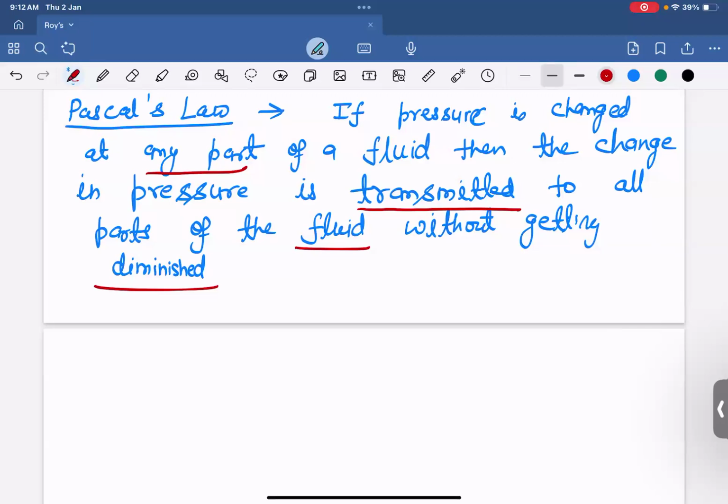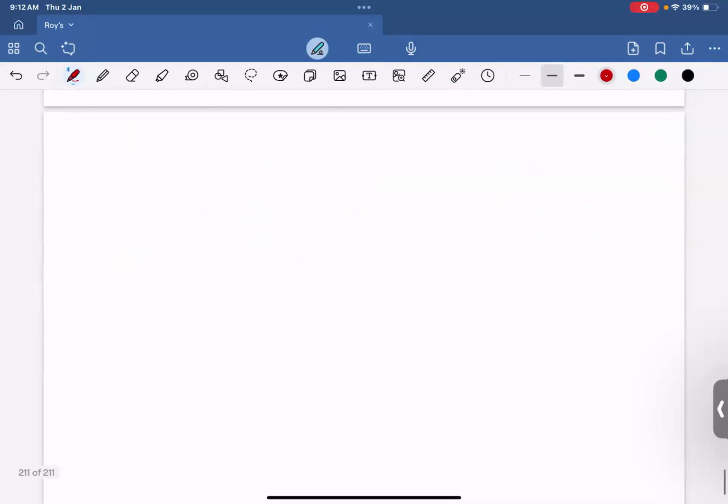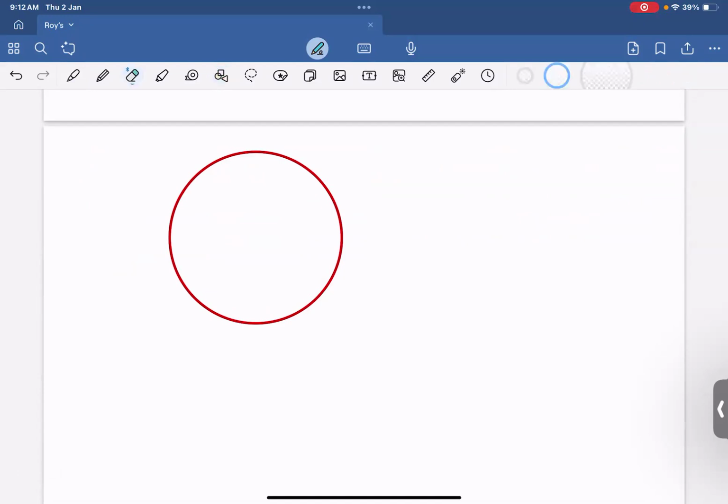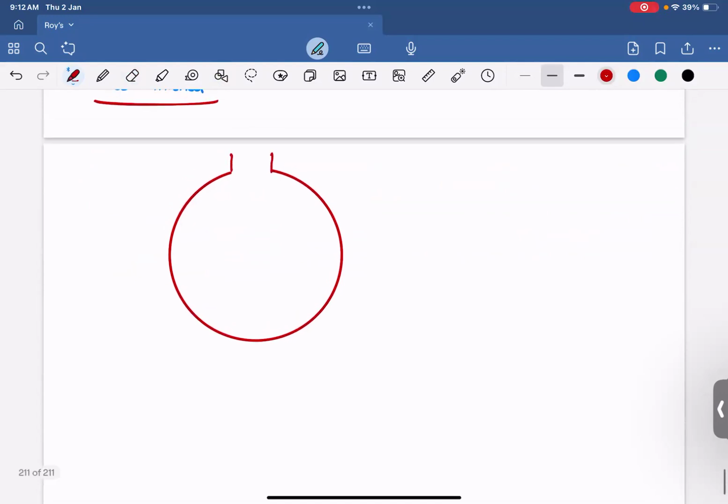Now, let's understand this with an example and its application. Suppose I have one container, and this container I have fitted with some pistons. Here is one piston, and this piston has some area A. Now I'll take one piston here.